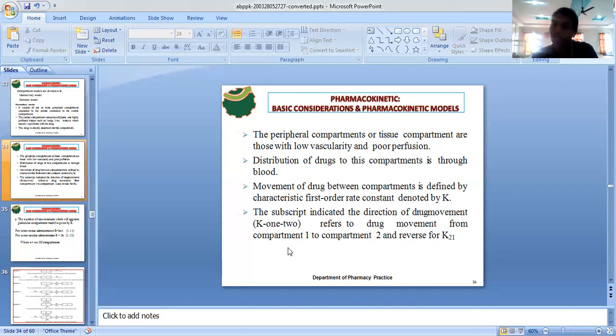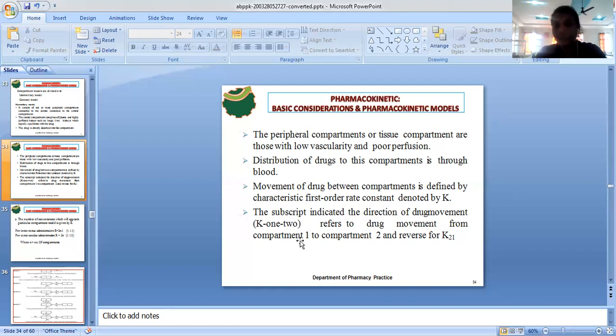If the model is composed of three compartments and the rate constant is designated K21, it indicates movement of the drug from the second compartment to the first compartment. K23 indicates movement of the drug from the third compartment to the second compartment.